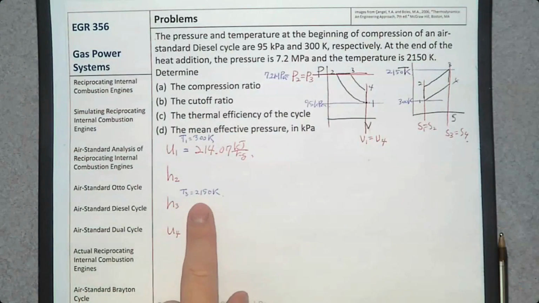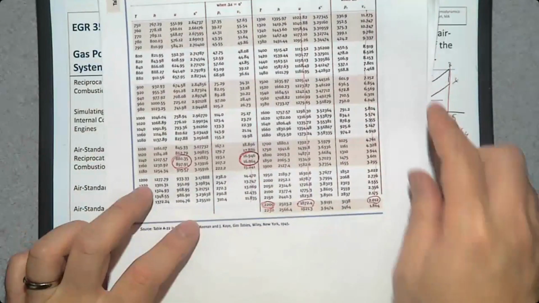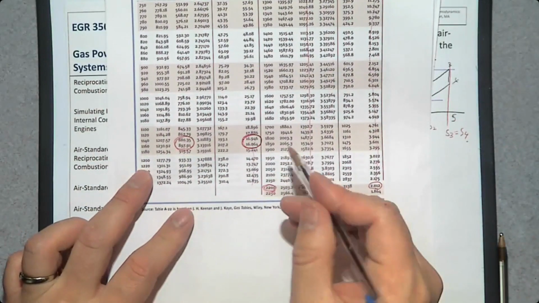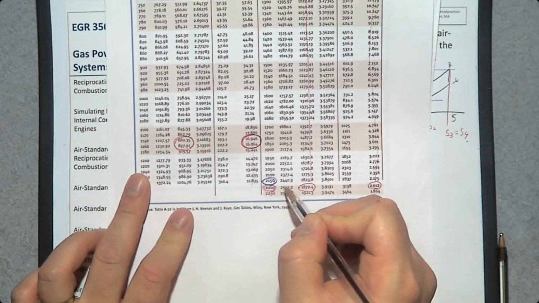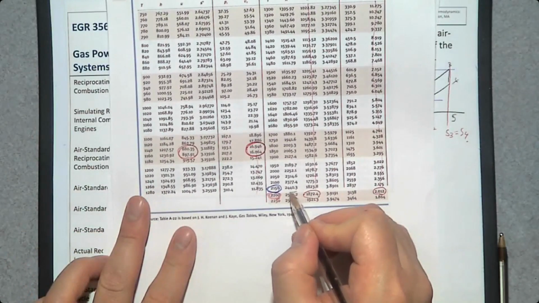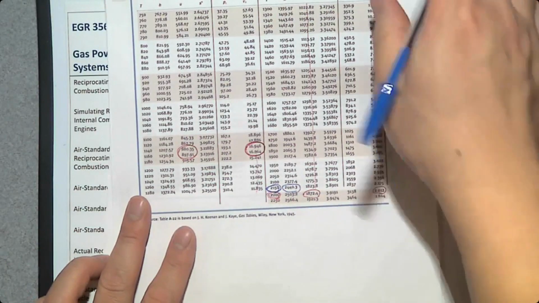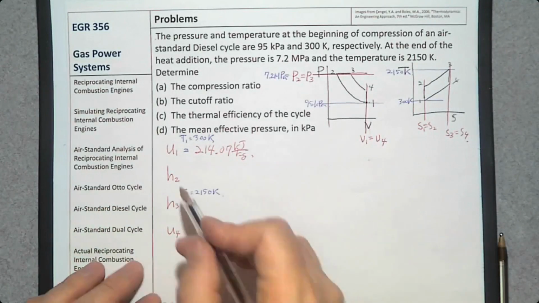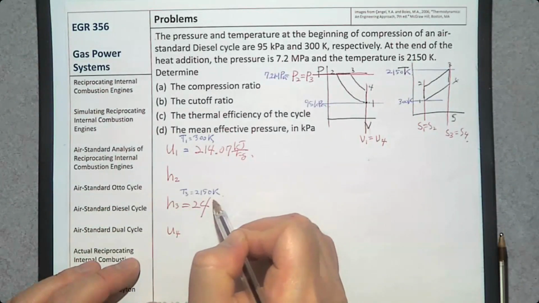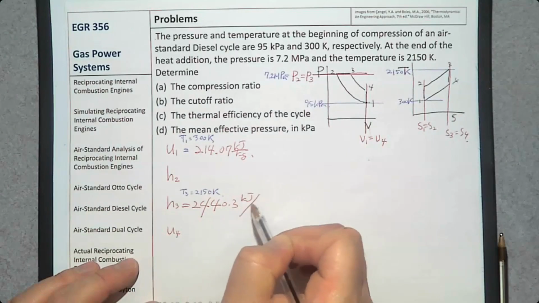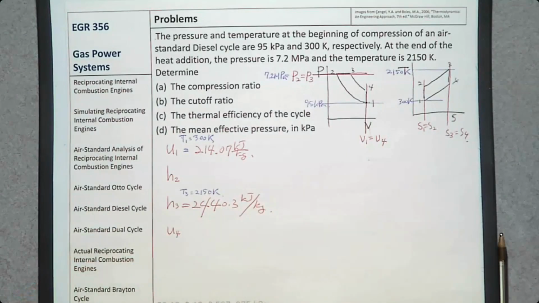What about h3? 2150: 2440.3 kilojoule per kilogram. Oh, we already found 2 out of 4. Things are going very well. I like that. Now let's find h2.